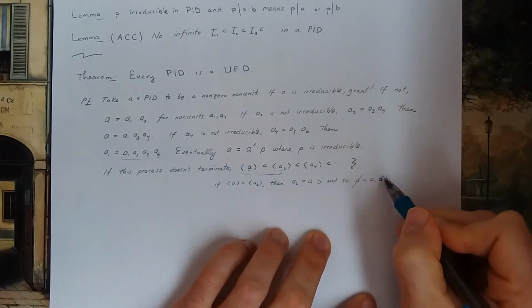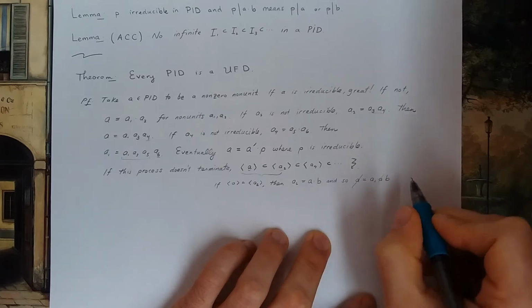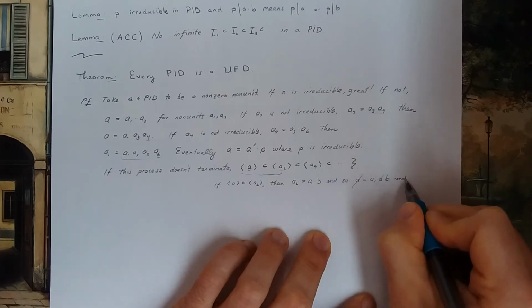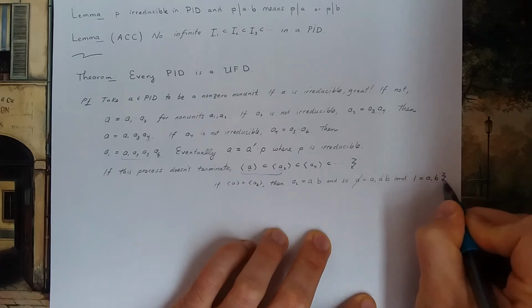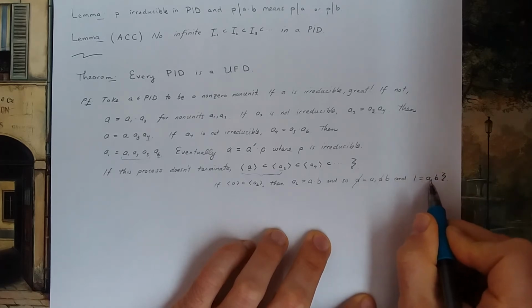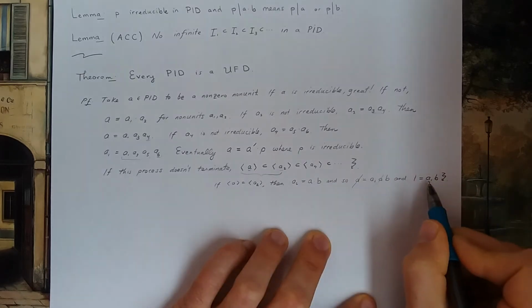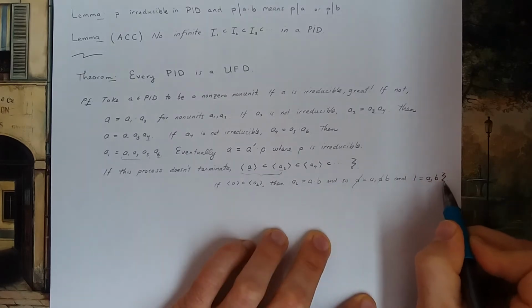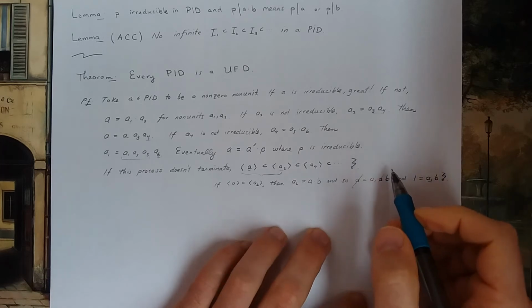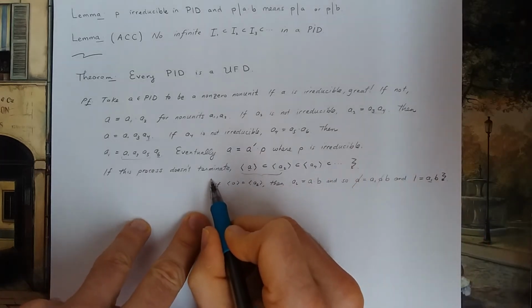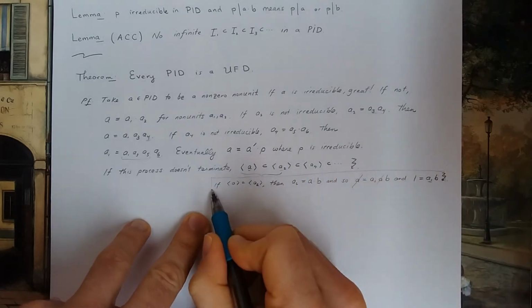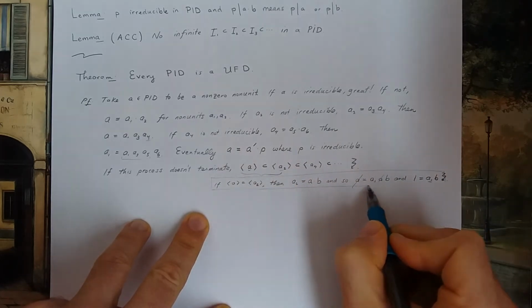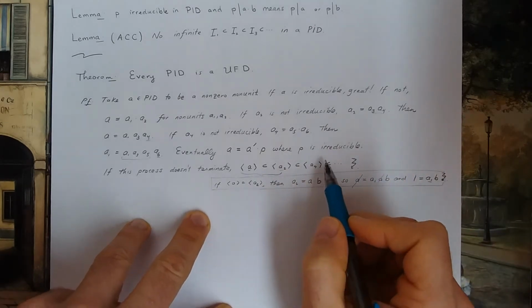So I can cancel these A's, and I would get 1 is A1 B, which can't happen because then A1 would be a unit. A1 would divide 1. A1 would have a multiplicative inverse, which does not happen. So that mini verification justifies why I actually have a strictly increasing chain of ideals, which can't happen.